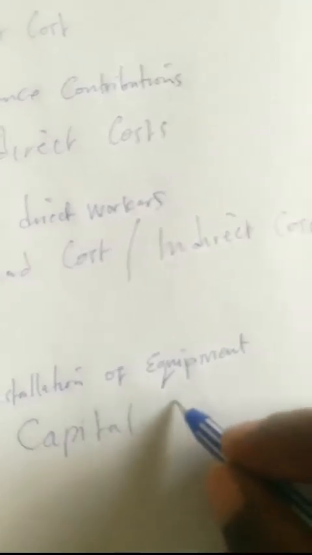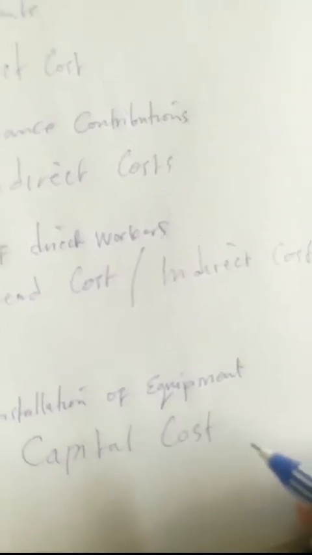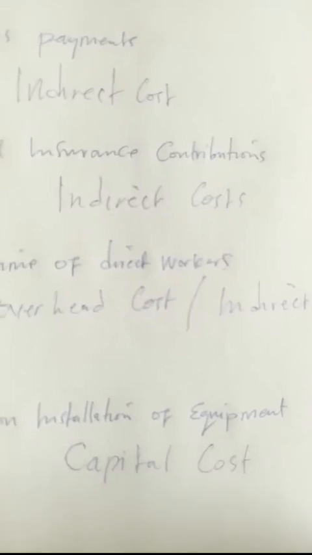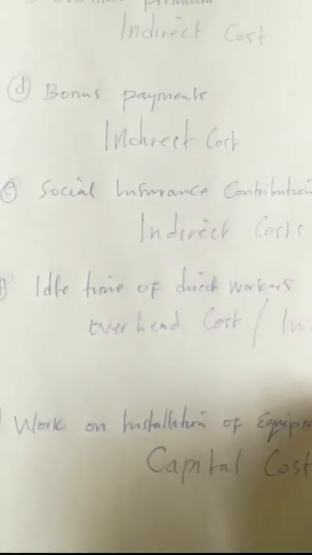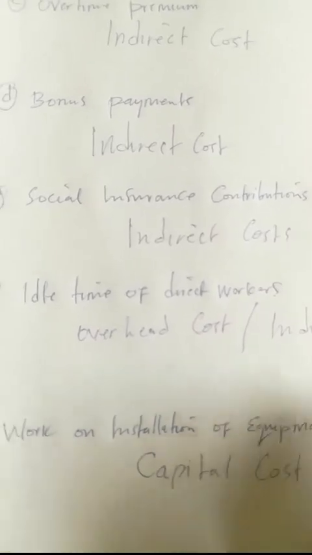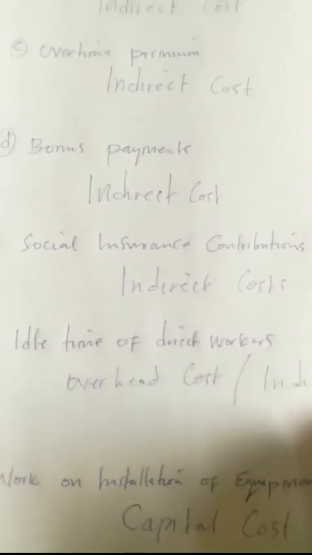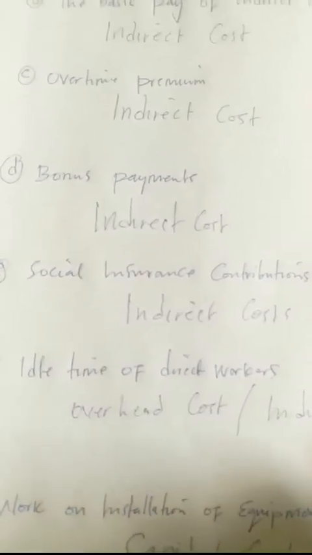It will be treated as a capital cost. We'll clarify more on these other strange terms. For now, I hope you get the intention, the concept this tutorial is intended for.